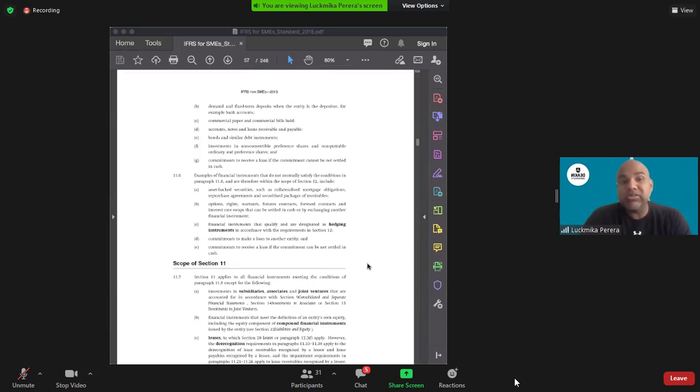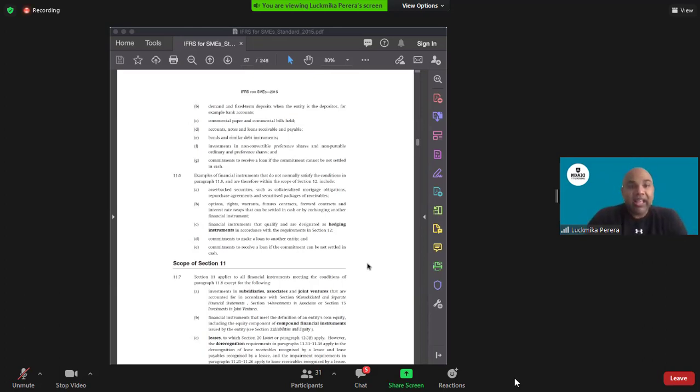Accounts, notes, loan receivables and payables, bonds, similar debt instruments, investments in non-convertible preference shares and non-putable ordinary shares, commitment to receive a loan if the commitment cannot be net settled in cash, and so forth. So there are different types of basic financial instruments.